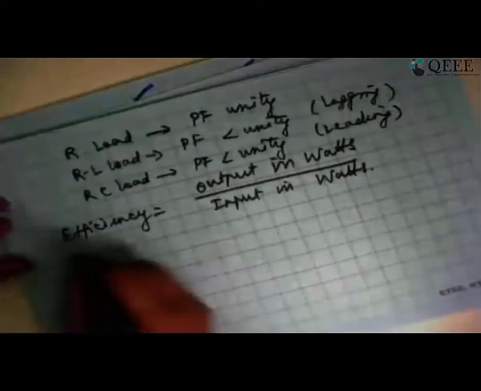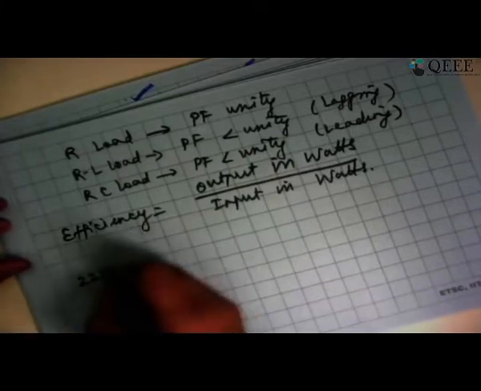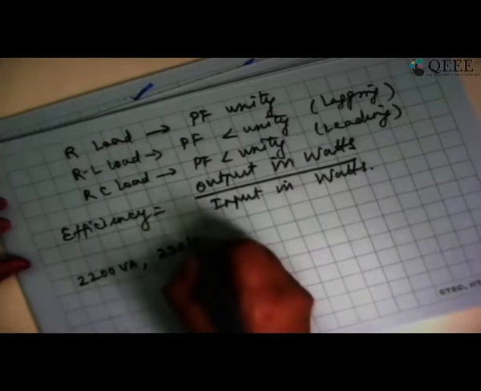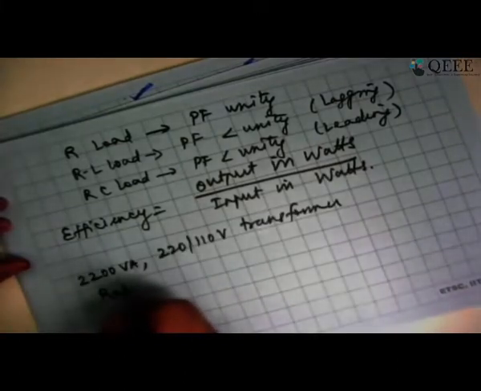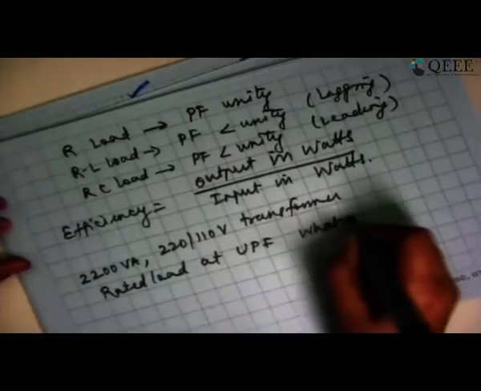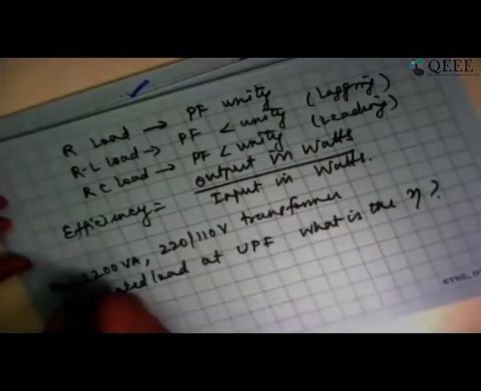So if I calculate for a 2200 volt ampere 220 by 110 volts transformer, rated load at unity power factor, what is the efficiency? This is what I want to calculate.